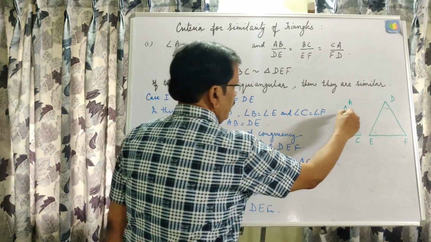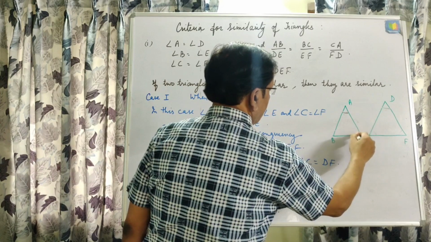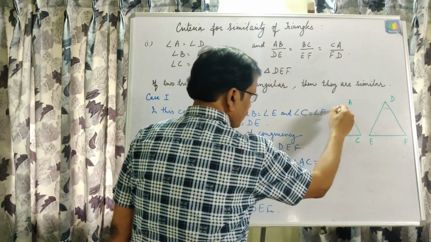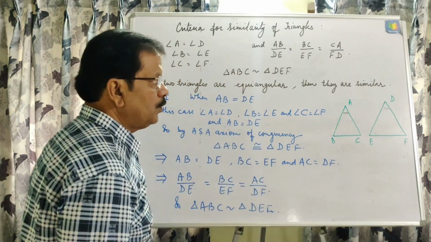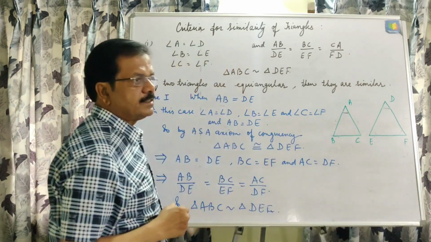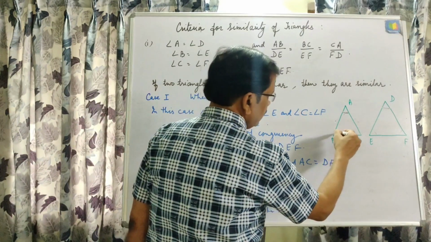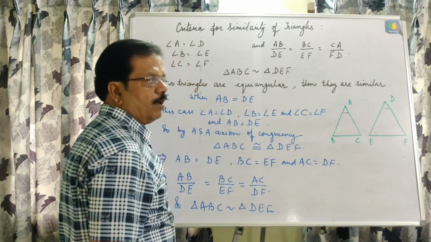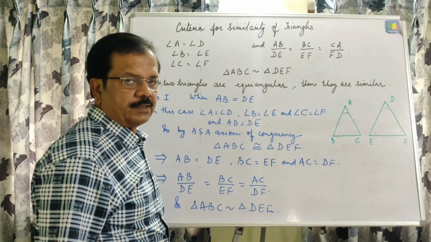It means angle A is equal to angle D, angle B is equal to angle E, and angle C is equal to angle F. And first condition, that is, if we are taking AB is equal to DE, so by angle side angle, axiom of similarity, or you can say angle side angle, axiom of congruency, we can say that these two triangles are congruent.